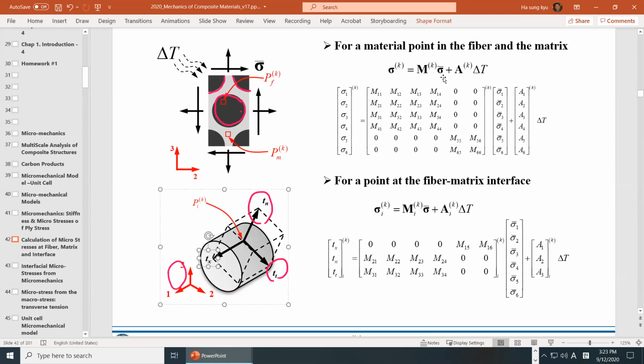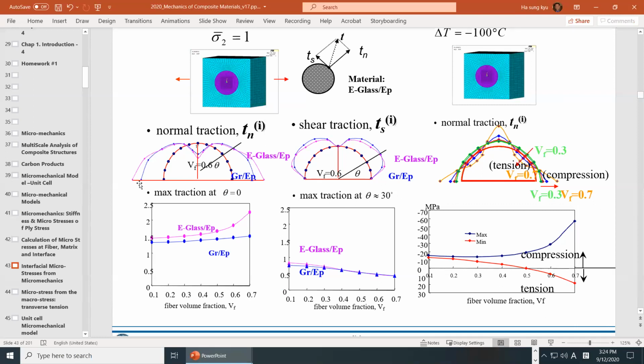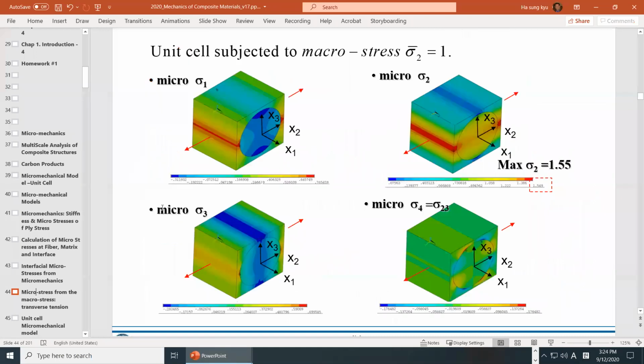So very similar to this stress amplification factor, for the macro stresses at the interface we have a 3 by 6 component. So through micromechanics, what we do is calculate this M matrix. That's what we do in micromechanics. So these are some values at the interface.